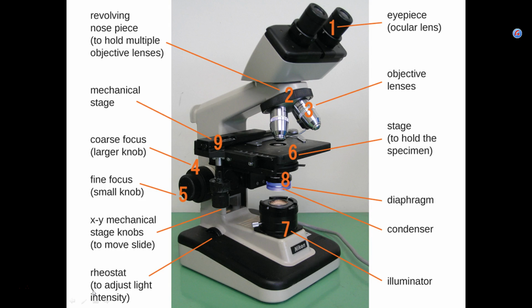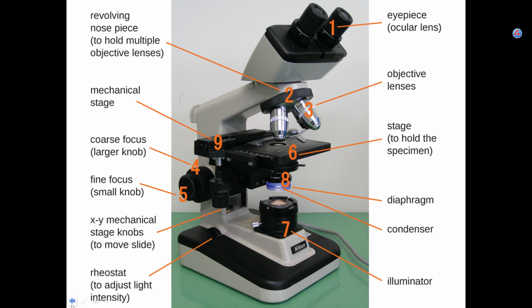Objectives are mounted on the revolving nosepiece. Stage, this thing. The stage can be moved by the knobs here, called XY mechanical stage knobs, okay? The good thing about it is that you don't have to use your hands. Your hands are much less precise than those knobs. Right? Make sense? Light comes from the light source.